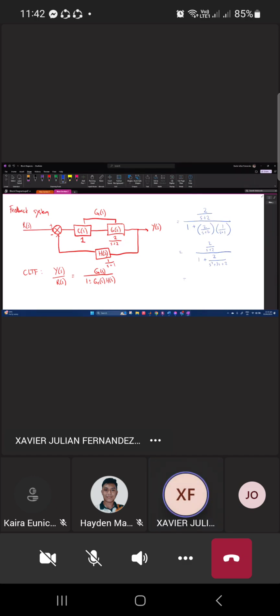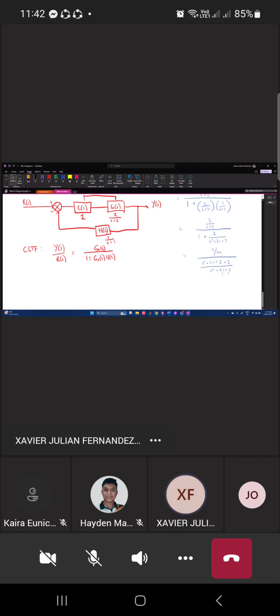If we simplify this further, that's 2 over s plus 2 times all over s squared plus 3s plus 2 plus 2 over s squared plus 3s plus 2.